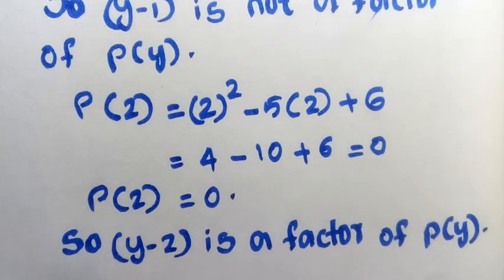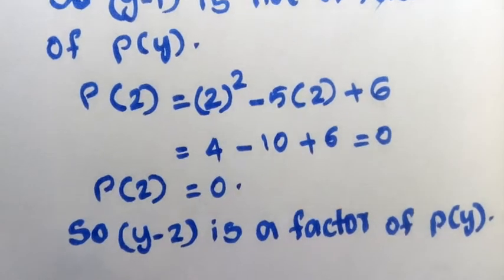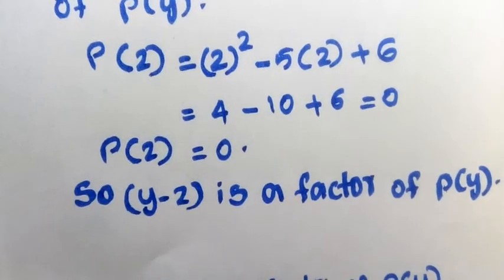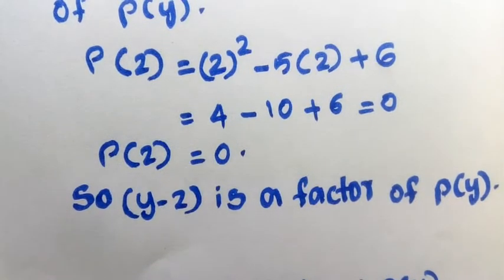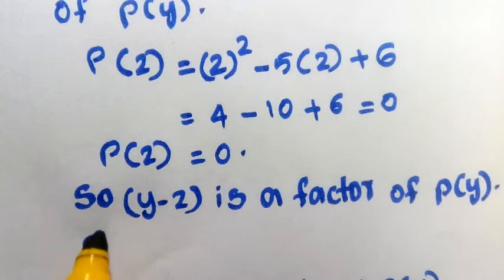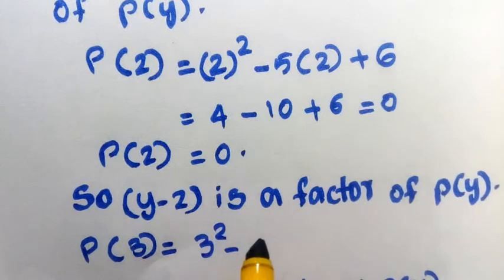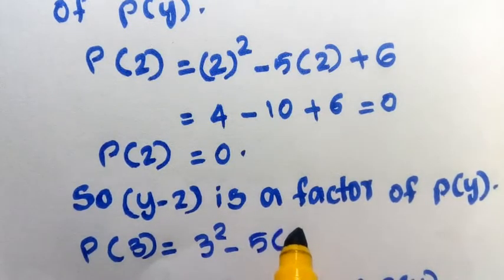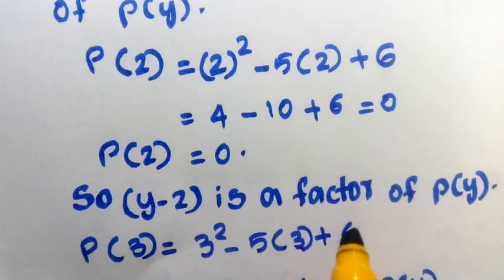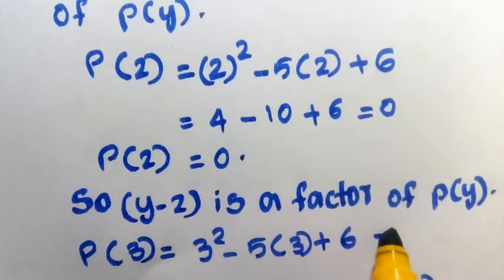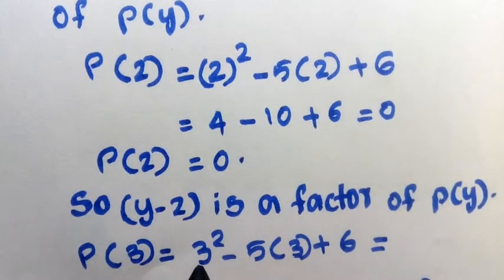Also we have 3 as a factor. So next we need to substitute 3 in the given polynomial. Therefore p of 3 is equal to 3 square minus 5 into 3 plus 6, equal to 3 square is 9. 9 minus 5 into 3 is 15.